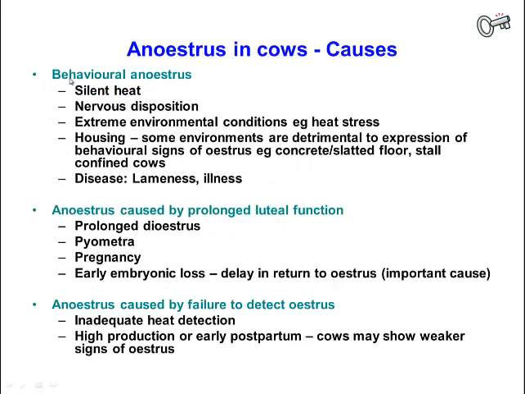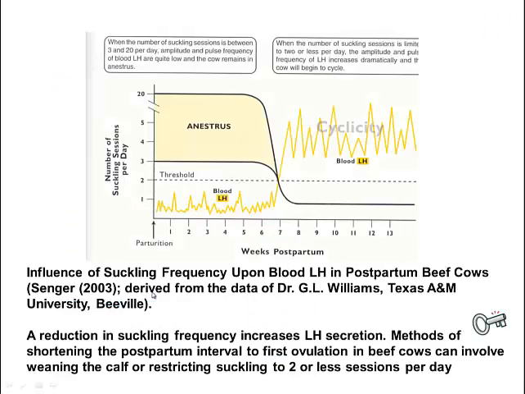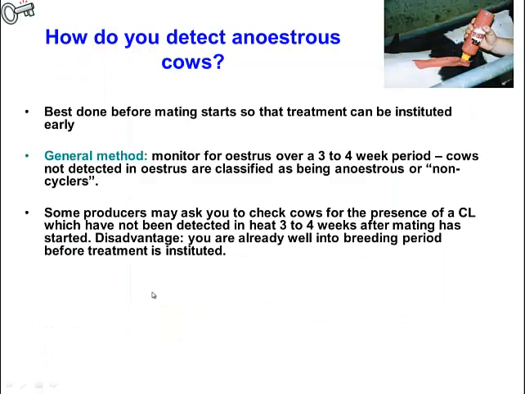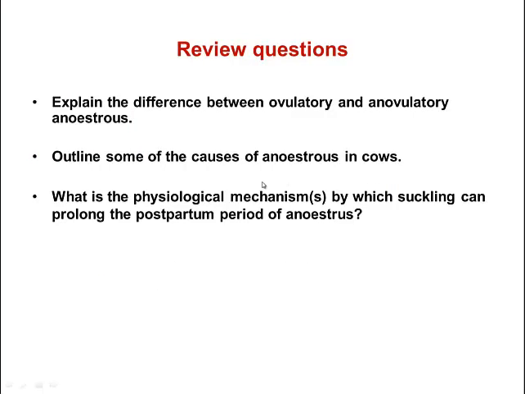Other causes can be things that can inhibit behaviour, such as illness, concrete floor, nervous disposition. Sometimes we can have prolonged luteal function. This could be due to pyometra, a pregnancy, or early embryonic loss. And then we can also have a failure to detect estrus. So a number of causes of anestrus that you should be aware of.